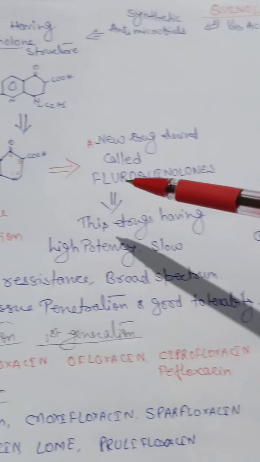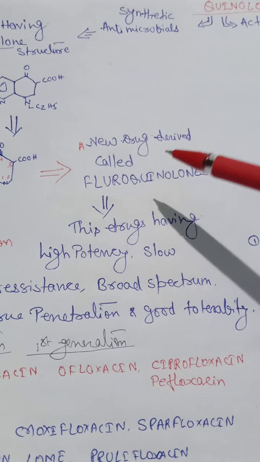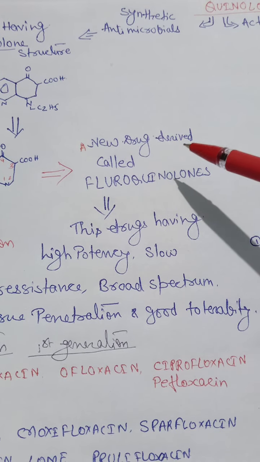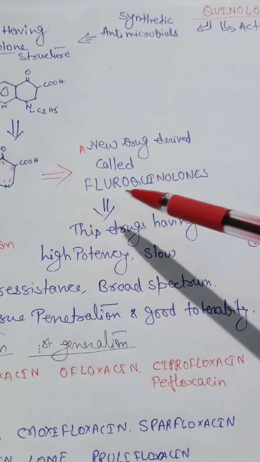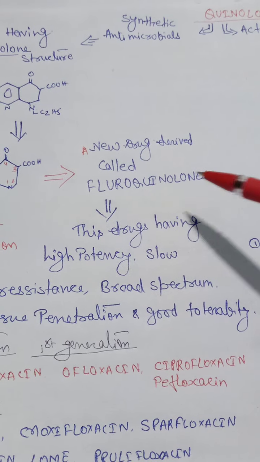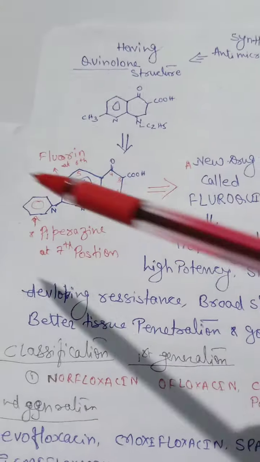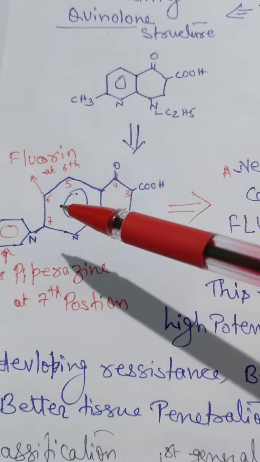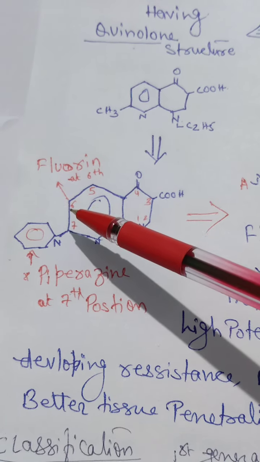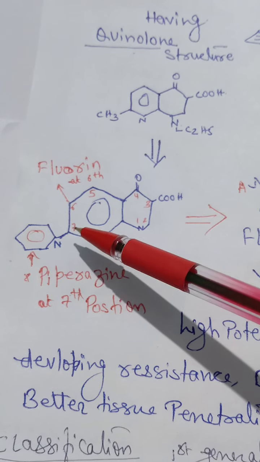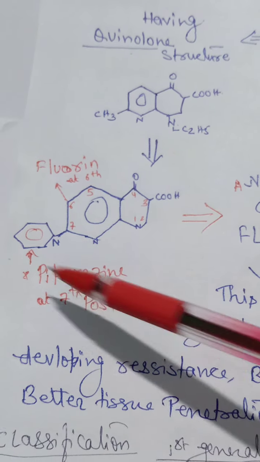Thus a newer quinolone derivative, and these new drugs are called the fluoroquinolone group. Why the name fluoroquinolone? Because at the 6th position of the quinolone molecule the fluorine is attached, and at the 7th position piperazine is attached.